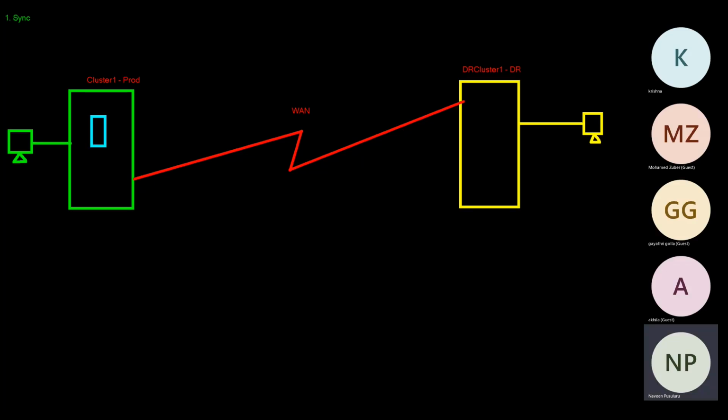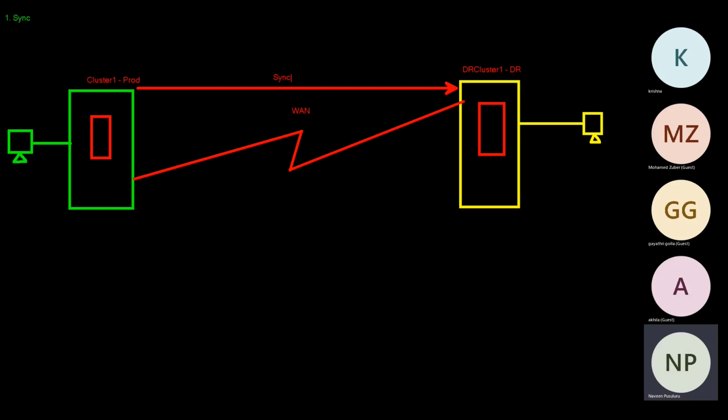Now I have implemented replication between these two servers. Let's assume I have a volume here and another volume here, and I have configured replication between these two volumes. This particular volume is very critical, so I've configured a synchronous replication between these two volumes. It is not that you can establish only one replication between clusters.